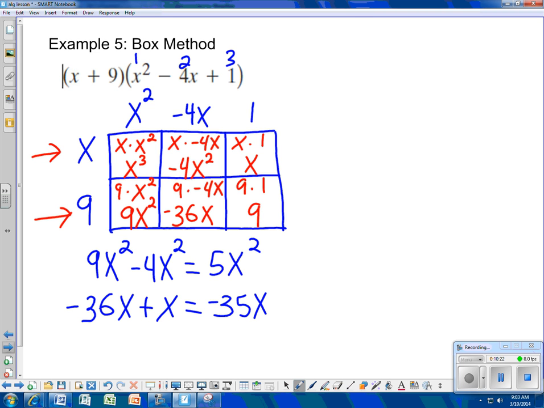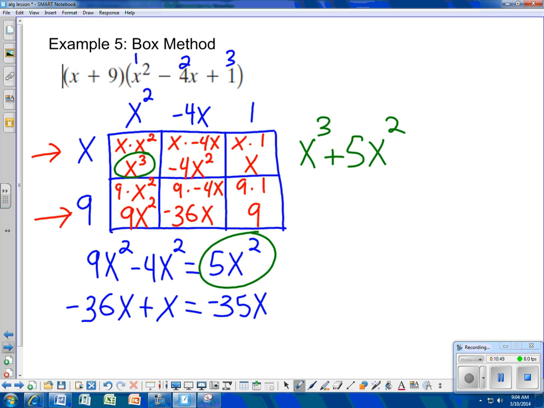Now when we write the final answer, we want to write it in order from the biggest exponent to the smallest. Well, our biggest exponent is x cubed, so we're going to write that first. Our next largest exponent is the x squared, which we decided that when we combined the negative 4 and the 9, we ended up with just 5x squared.